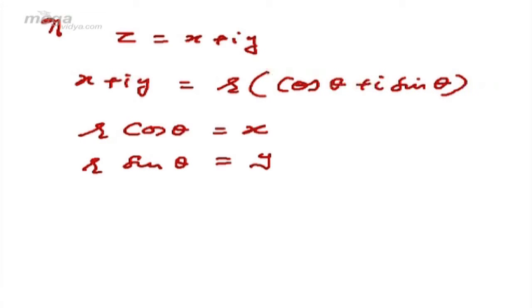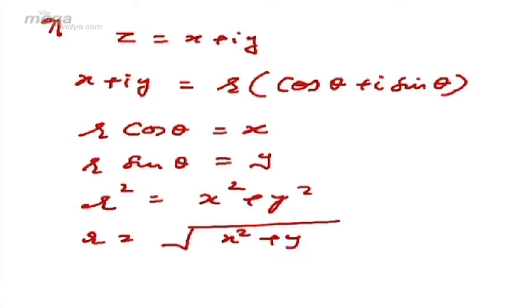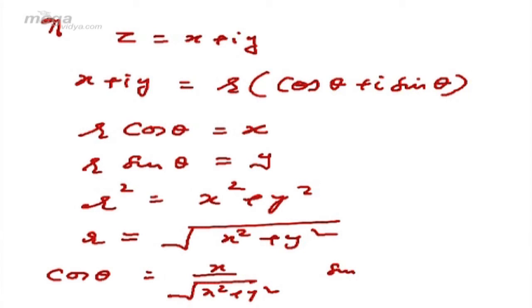If we square and add these two equations, r square will be equal to x square plus y square. So r will become root of x square plus y square. Here we can write cos theta will be equal to x upon root of x square plus y square, and sin theta will be equal to y upon root of x square plus y square.